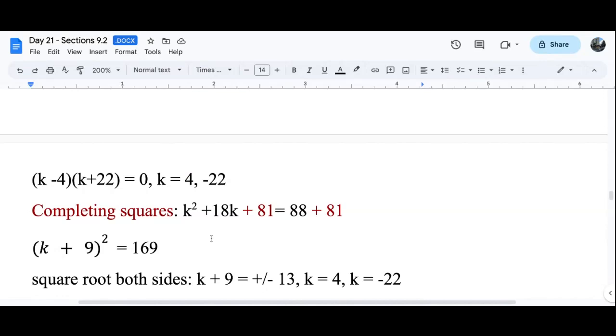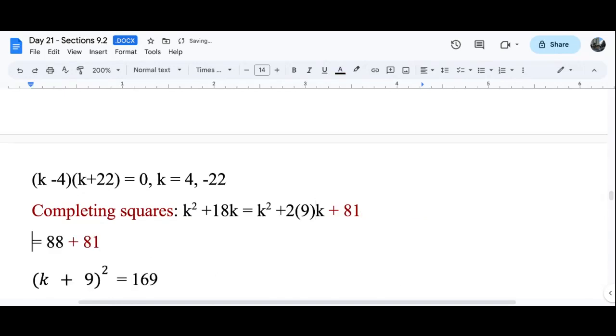Now let's try completing squares. Well, 18, I want to write one more term here. So k squared plus 18k, we can think 18 divided by 2 is 9. So we can write it as 2 times 9k, right?